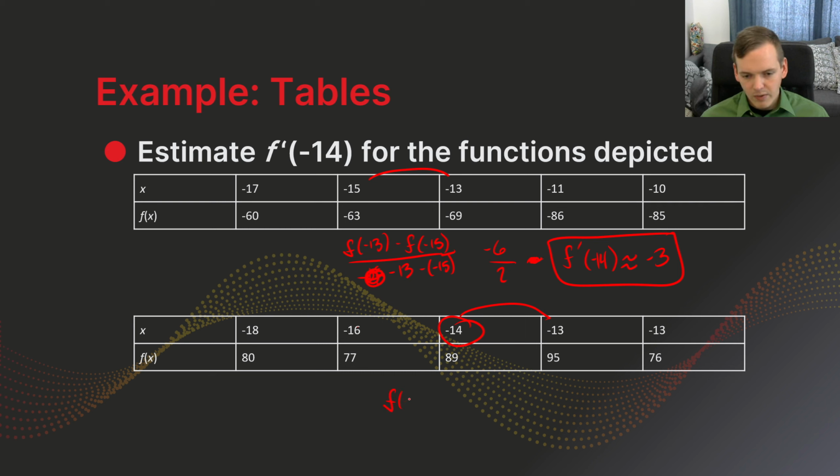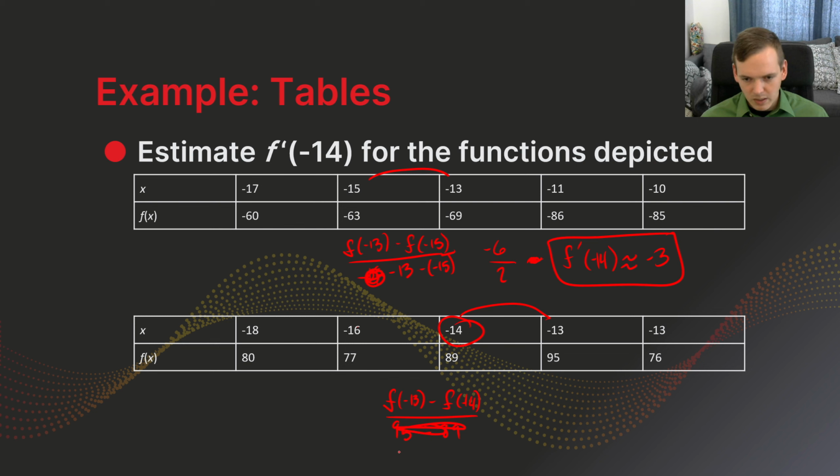So f of -13 minus f of -14. And again, you can switch whichever order you want to write these in. If you preferred to write -14 minus -13, that's totally fine. Oh, that's wrong.